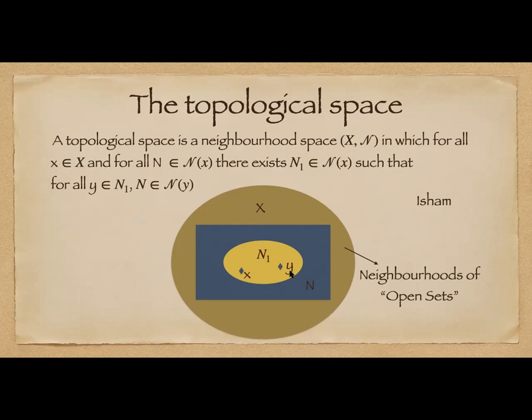Then that neighborhood space we call the topological space. This definition of a topological space is due to Isham, one of the textbooks which we are closely following. And this notion of nearness, which we defined using neighborhood space and sequences, now gets supplemented with this notion of neighborhood elements nearness.